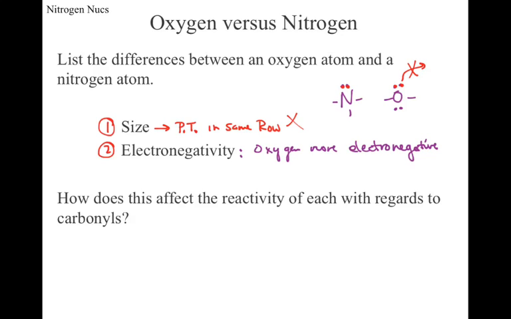Well, if oxygen is less likely to share them, that means our nitrogen is more nucleophilic and, of course, if it's nucleophilic, it's also basic. So it's those characteristics that are really going to play a role when we're looking at what happens when we add a nitrogen as a nucleophile instead of oxygen.